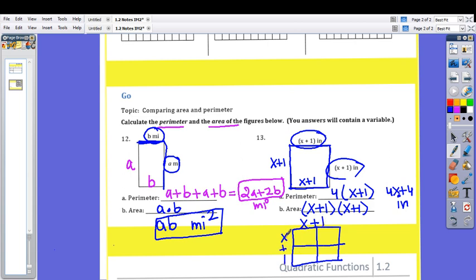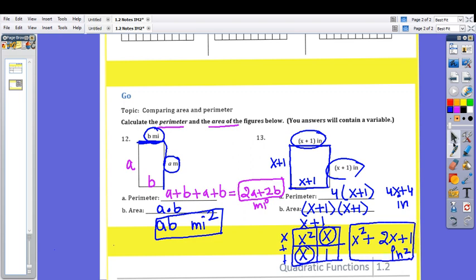So x times x will make x squared, x times 1 will make x, 1 times x will be x, and 1 times 1 will be 1. You can combine them too, that will make 2x, and then you just copy down your x squared, so x squared plus 2x plus 1. So that is your area, and its unit is inches squared.